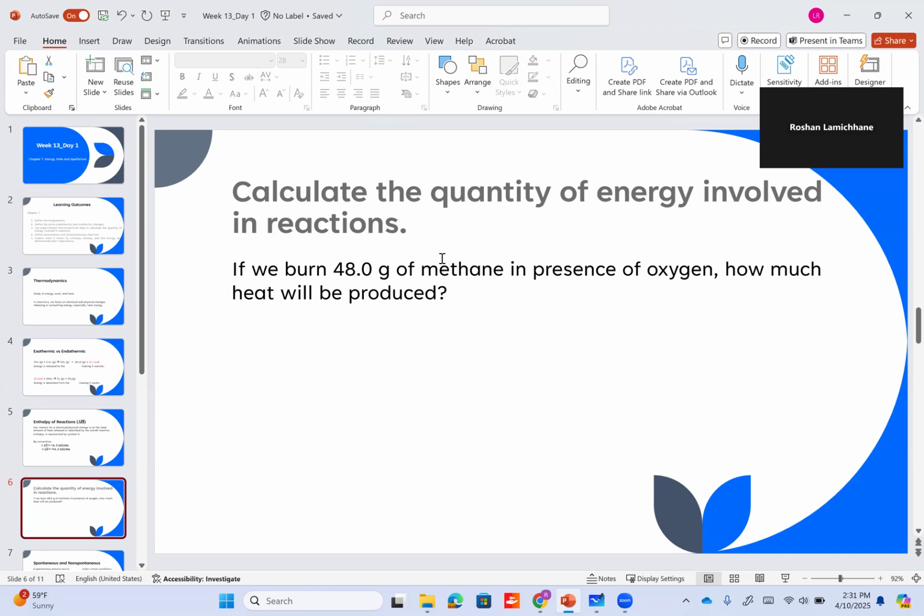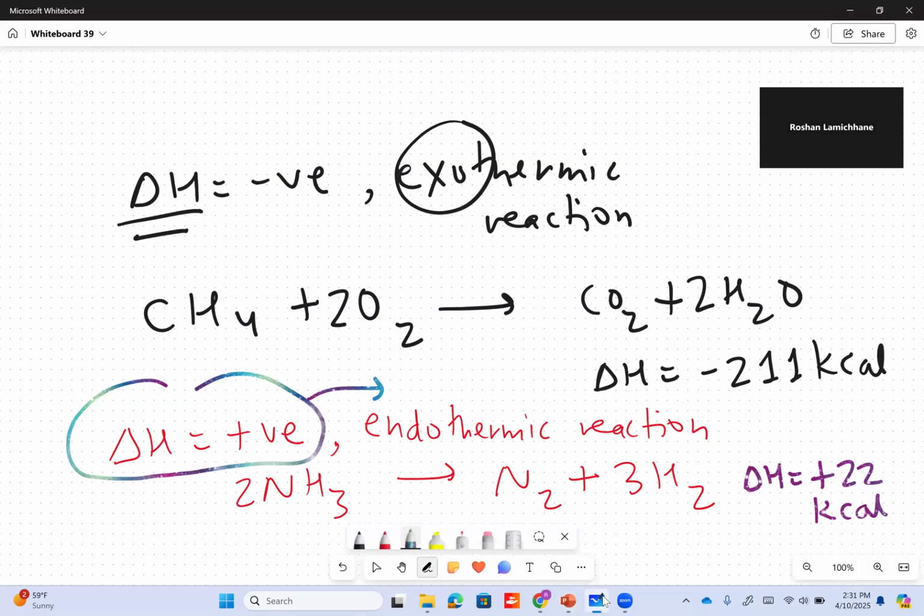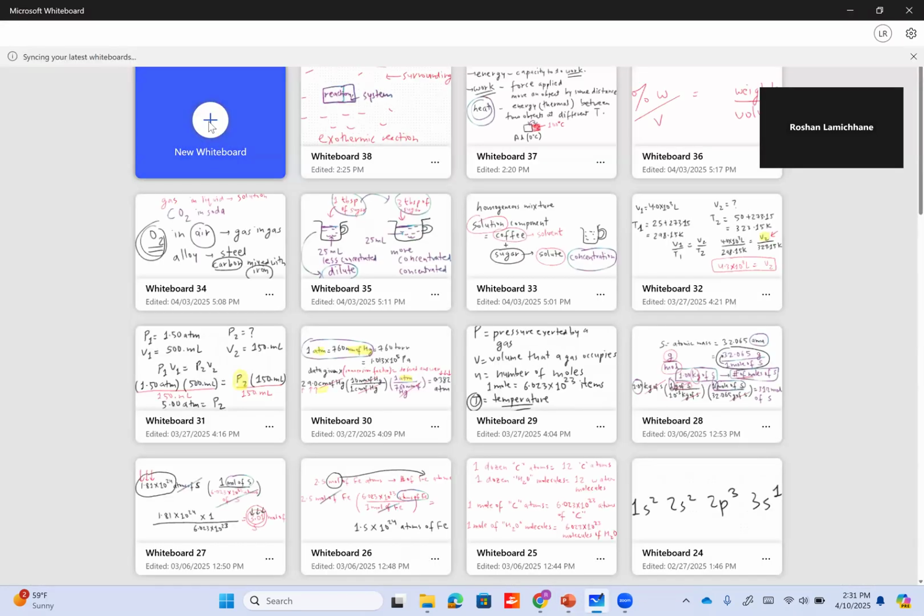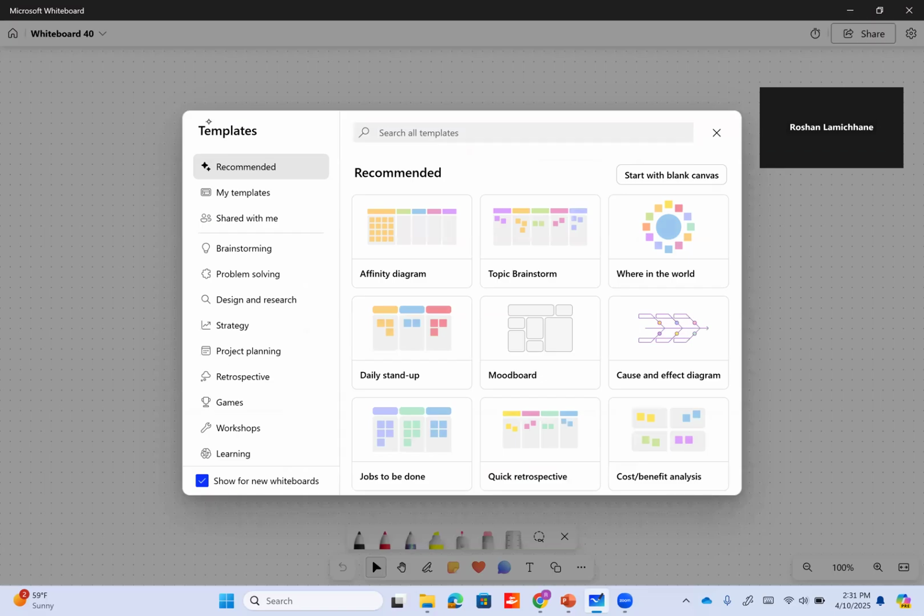All right. So the way to think about this is basically, I'm going to go back to my reaction. So let's write that down. I have CH4 plus O2 giving me CO2 plus H2O.